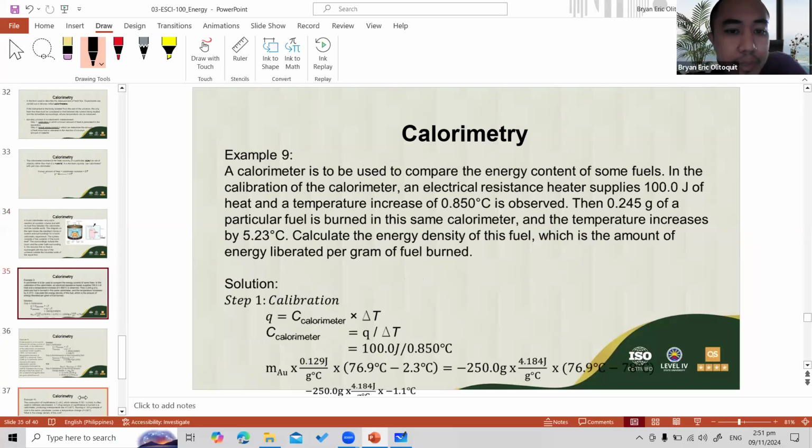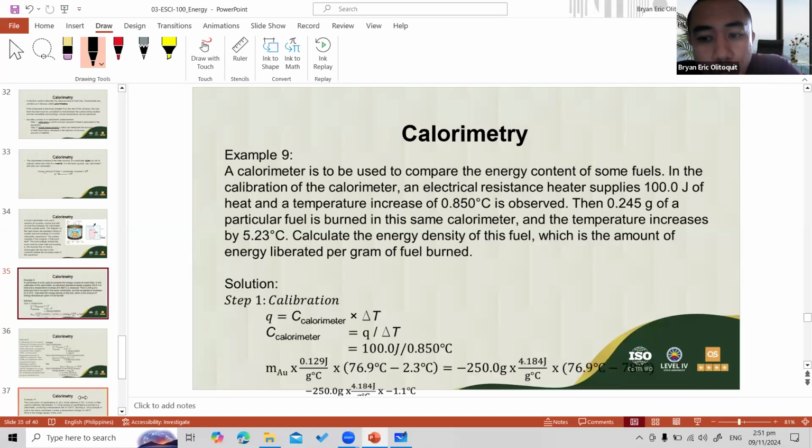Sabi dito, a calorimeter is to be used to compare the energy content of some fuels. In the calibration of the calorimeter, an electrical resistance heater supplies 100 joules of heat and a temperature increase of 0.850 degrees Celsius is observed.